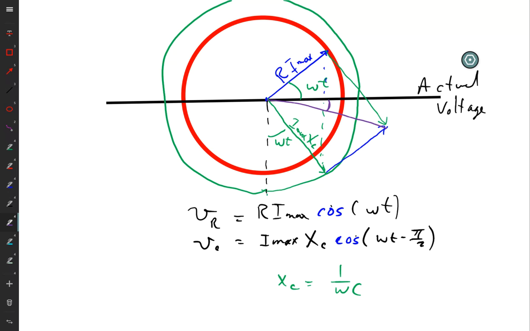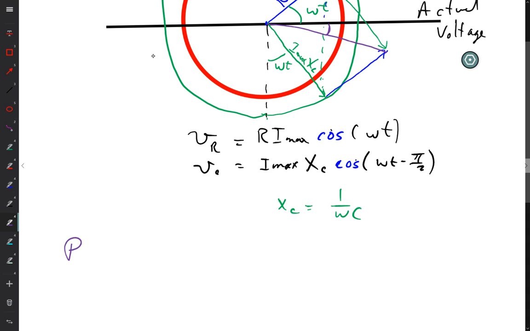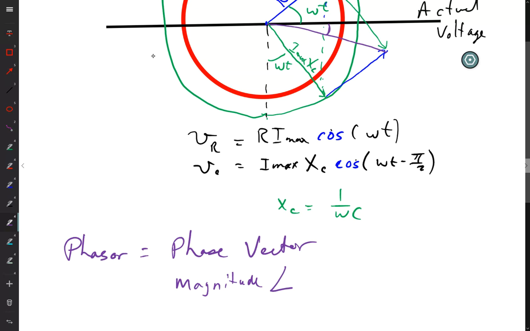When we do this, we talk about these as phase vectors, and thus we have the term phasor. So the phasor is the phase vector. It has two important pieces. It has the magnitude and the angle.